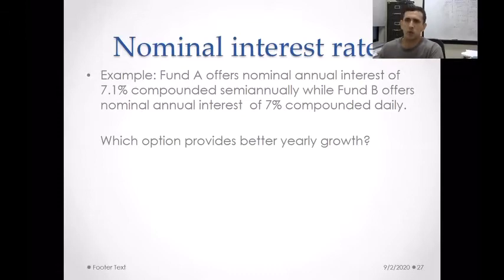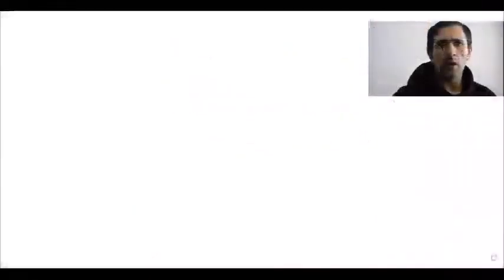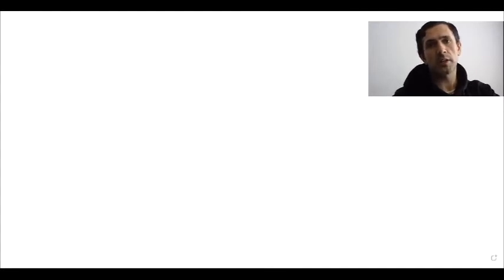We want to figure out which one has a higher effective annual interest rate. For this problem, you certainly do not want to just say 7.1% is bigger than 7%. We really just have to plug into our formula and see which one gives us the better yearly growth.